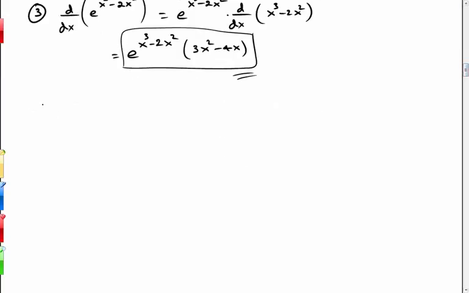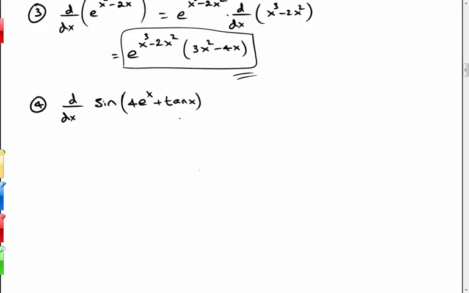Okay. And fourth problem. What's d dx of sine of 4 e to the x plus tangent x?